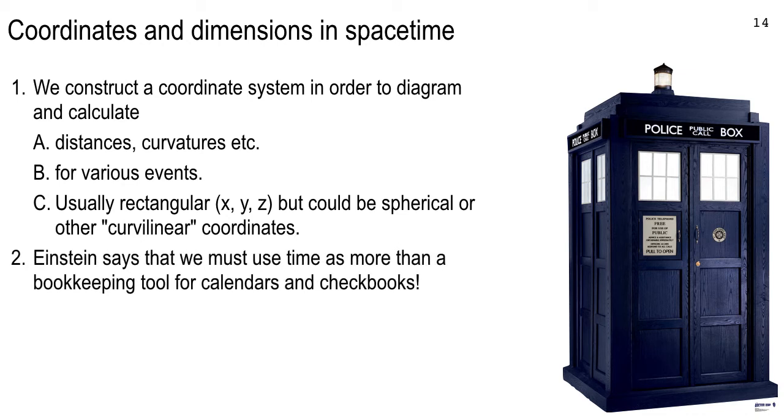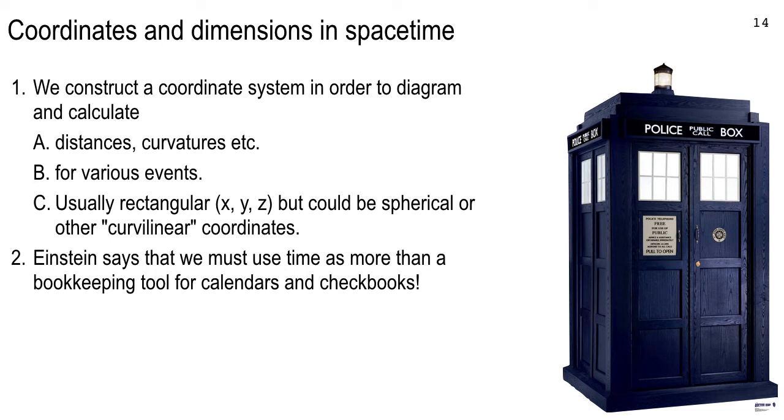Now, Einstein says that we have to use time as more than just a bookkeeping tool. Isaac Newton thought about time as well, but for him it really was pretty much a marker. Even in the theory of relativity, for every trajectory of an object, we model time as a bookkeeping device along the trajectory.